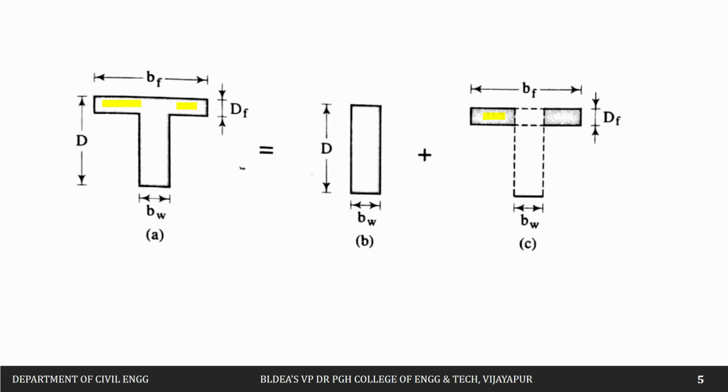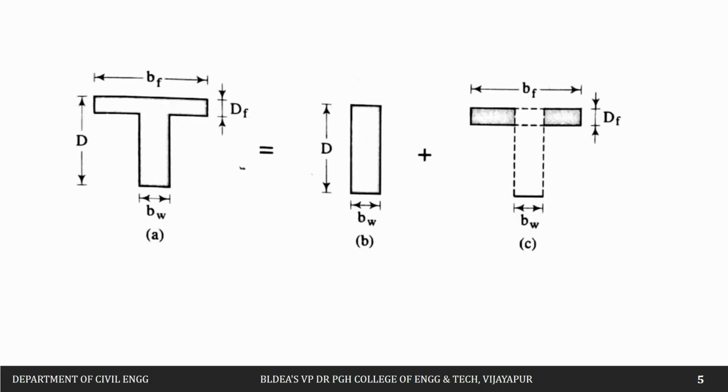In this way we calculate the moment resisting capacity of the T section, or design the T-shaped beams. The basic concept is to divide it into one rectangular portion and the remaining portion, this dark portion you can see, which we then design or analyze. This is the basic concept behind the design of a T beam.